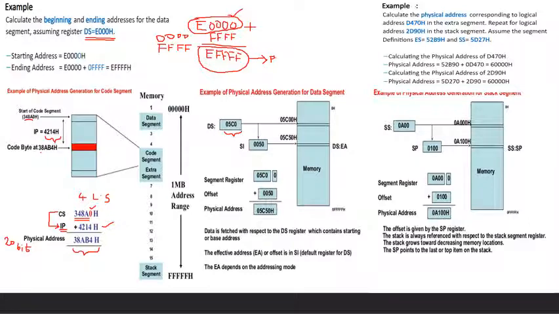Right? So this is nothing but the segment register content, the data segment register's content. It is 4-bit left shifted, so a 0 is added. The offset for the data segment can be from the source index register or the destination index register.